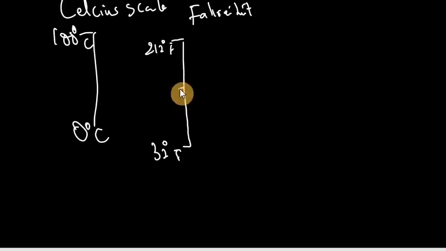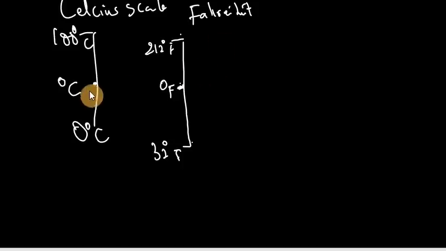Assuming this is an unknown Fahrenheit value, the difference between this and this we have said is the fundamental interval. Assuming we have a value on the Fahrenheit scale which corresponds to a value on the centigrade scale, how do we convert it? For instance, you have a value in degrees Fahrenheit and you have to convert it to a value in degrees Celsius. How do you do that?